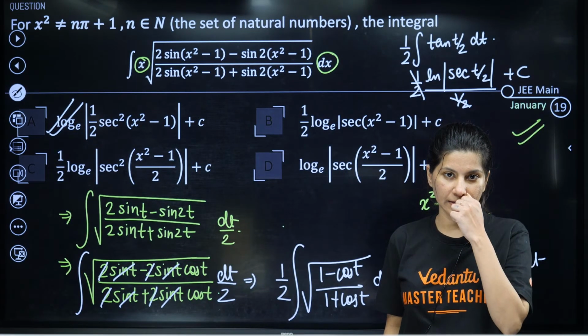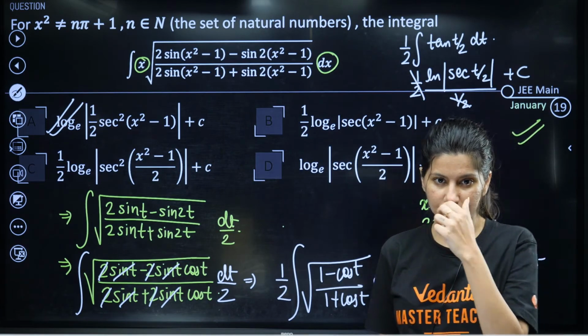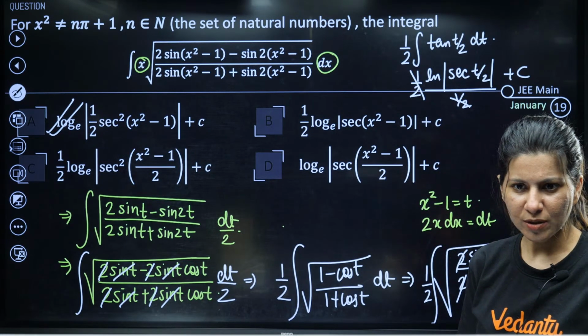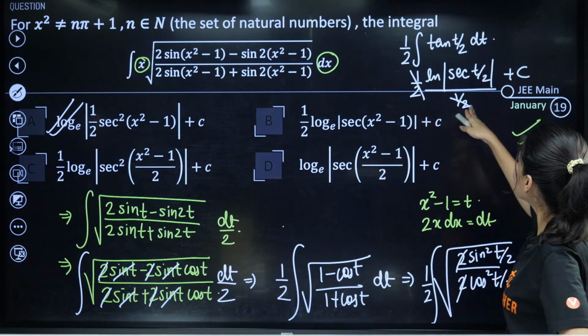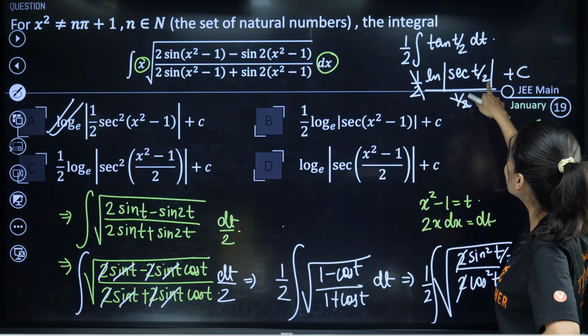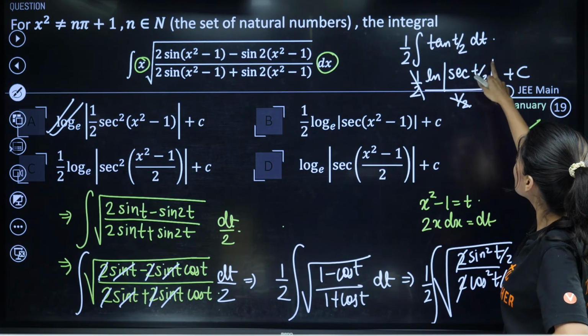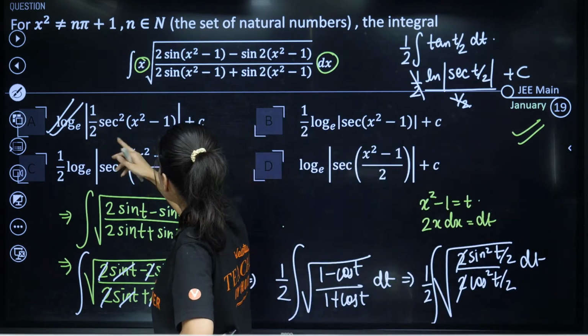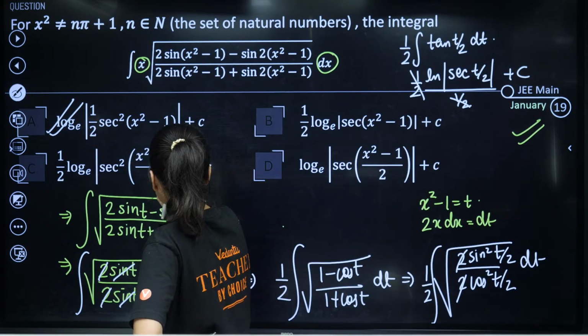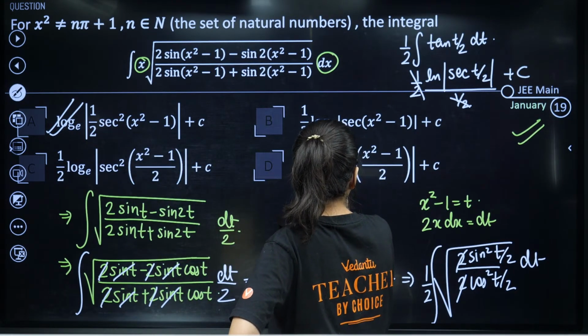Okay. Option B? No. Option B is incorrect. Now, half is getting cancelled out. So this is sec t by 2. t is what? x square minus 1. Sec of x square minus 1 by 2. Oops. Okay, hold on.